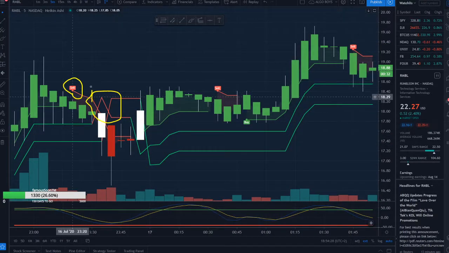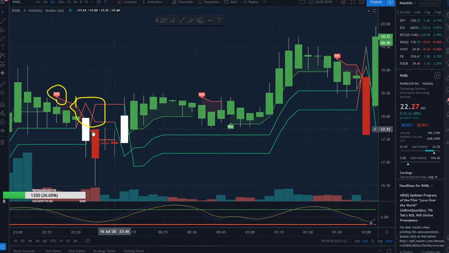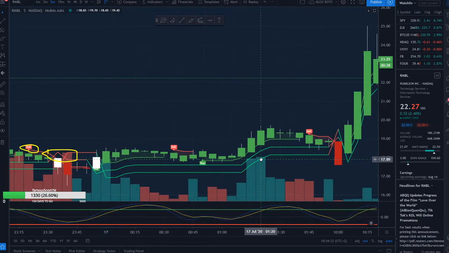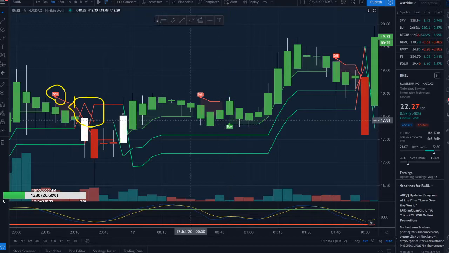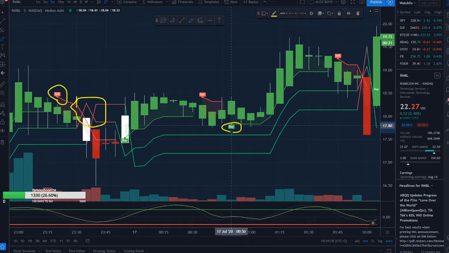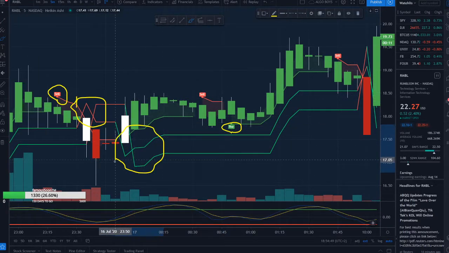So let's say we did not enter the ticker whatsoever about here. Let's say we only enter the ticker on this buy signal right here. This one. Because once again, this is the aggressive entry. But I can also see all the way back here that I already have two lines confirming that it's a good entry.